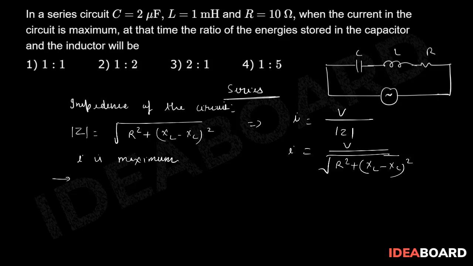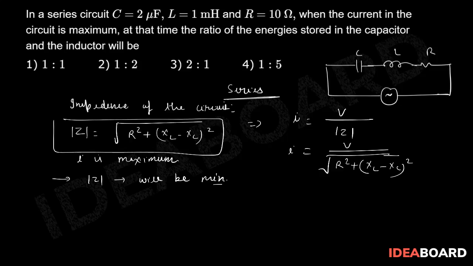So when I is maximum, at that time mod Z will be minimum. And if that is true, this quantity has to be minimum, right? It can be minimum only when this term XL minus XC will be equal to 0.